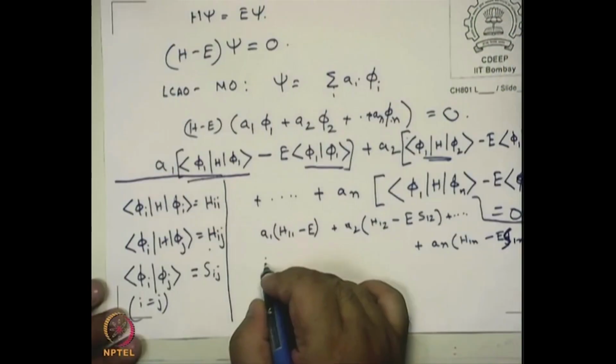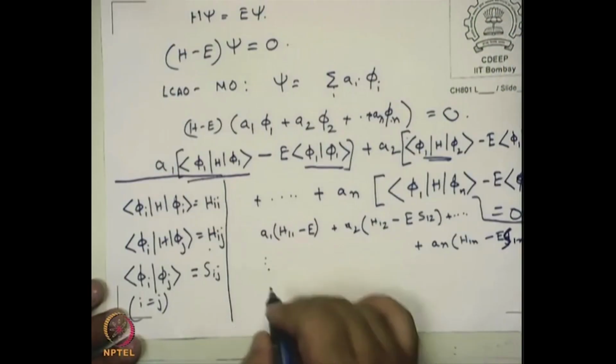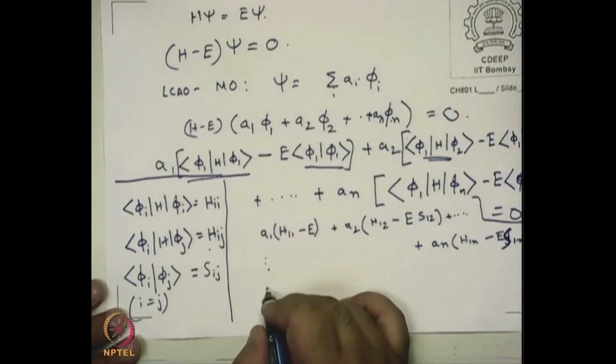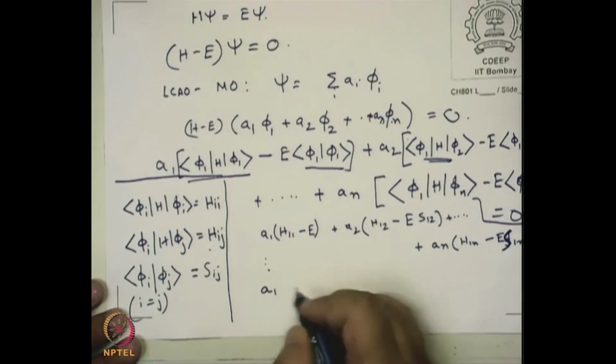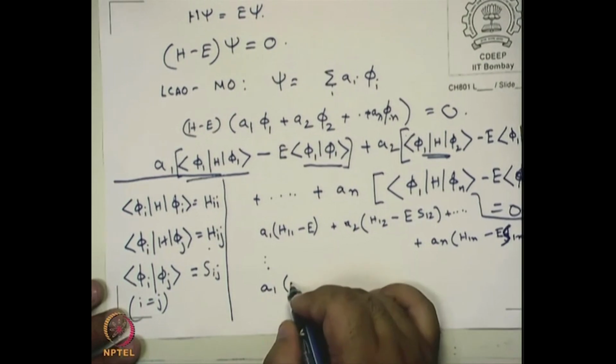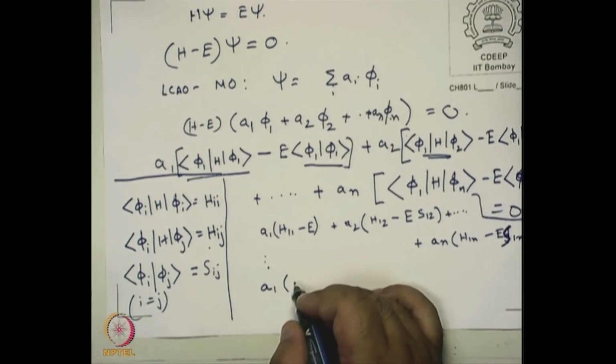I get a system of equations, and in each one, let me just write the general term here. I will get A1 multiplied by, what will this be? I am left multiplying by, say, the ith wave function phi i.